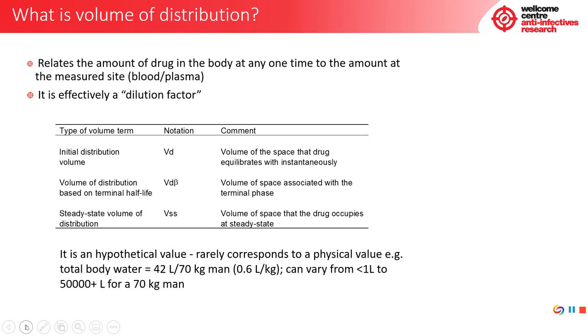But the volume of distribution determined can vary from as little as less than 1 liter to more than 50,000 liters for a 70 kilogram man. When we get values which exceed total body water, it is simply indicative of the fact that this particular drug likes to distribute extensively, particularly in patients which may have excess adipose tissue, as in obese patients.